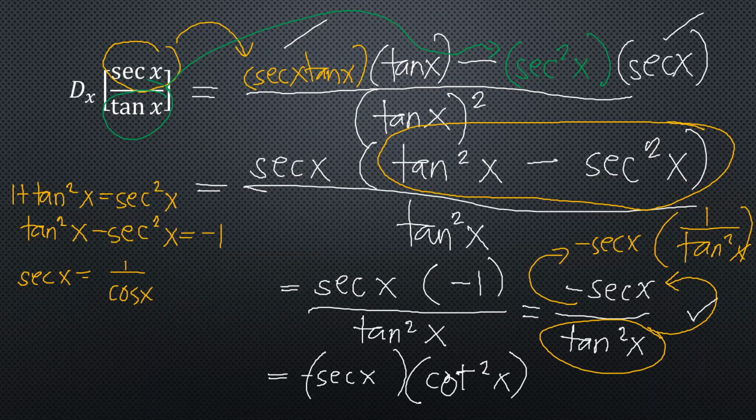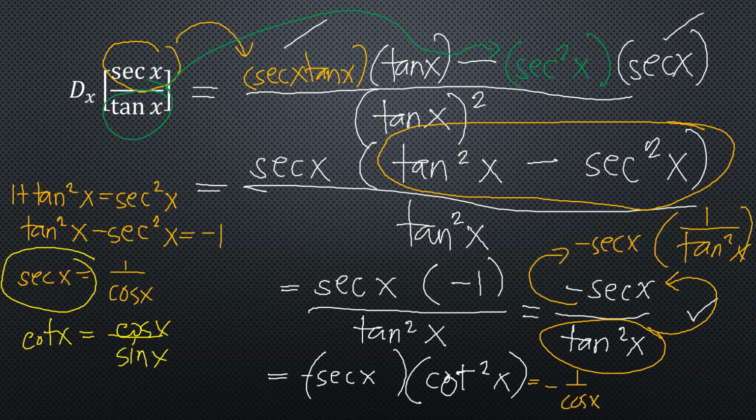Now, we also know that cotangent x is equal to cosine x over sine x. And now we have secant x is equal to 1 over cosine x. Therefore, we can rewrite this into negative 1 over cosine x, multiply that to cosine x over sine x, the quantity is squared.